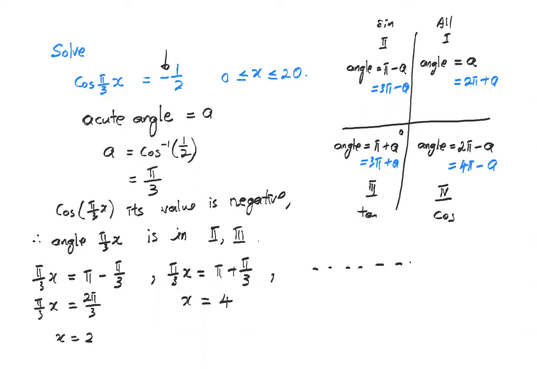Are you okay? Do you get me? So you repeat. Keep looking at this one, until the value is less than 20. So please remember this, or write this one down in your notes. Okay, I do everyone for you.